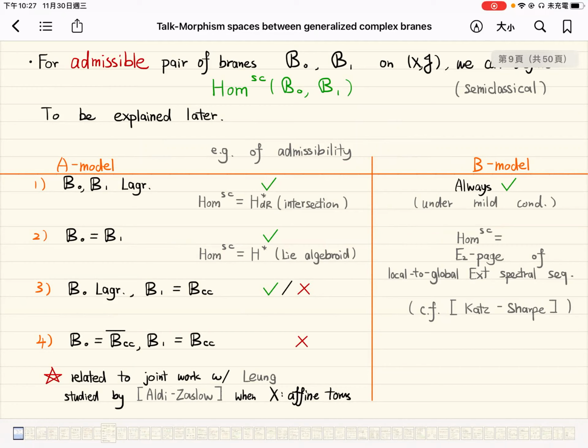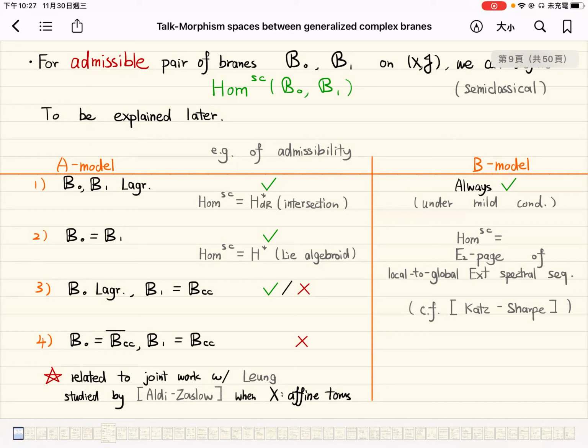So for an admissible pair of branes on a generalized Calabi-Yau manifold, we can have a systematic way to define a morphism space between B0 and B1, at least semi-classically. But this concept, I will explain in detail later.